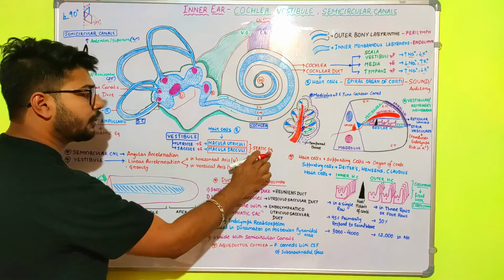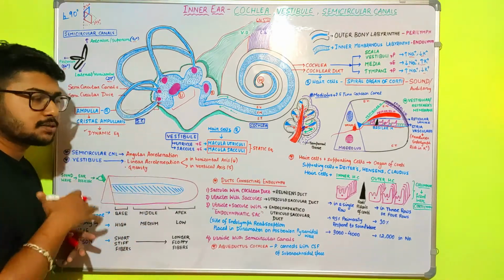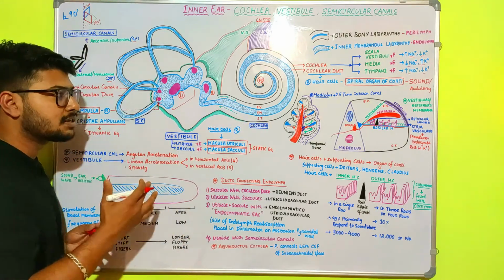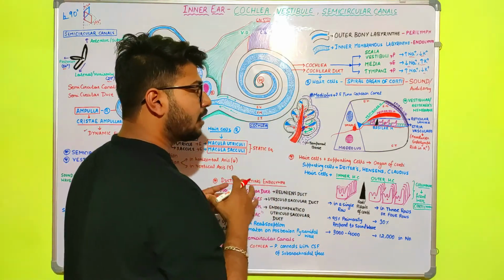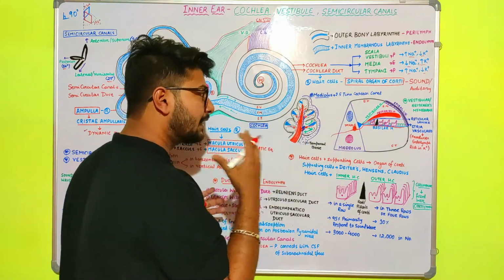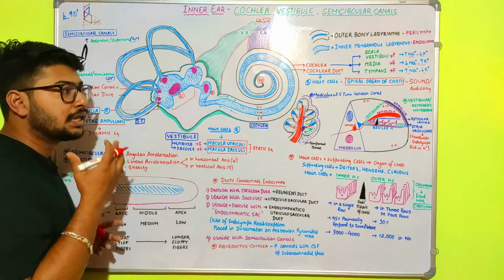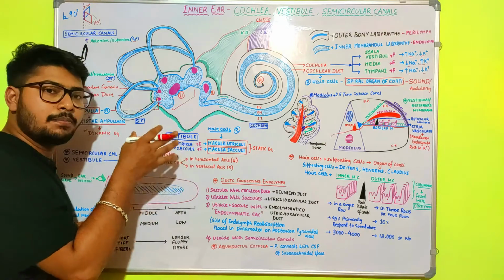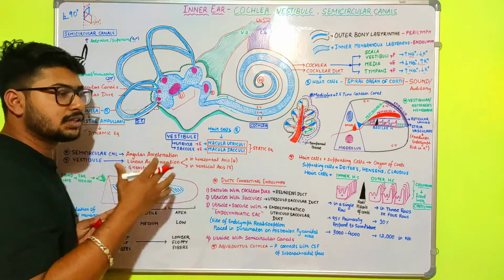So you can understand from this that these two structures are responsible for balance, and the cochlea is responsible for sound. Similarly, the cochlea has hair cells in a very protected manner, that is the organ of Corti, which is responsible for producing the nerve impulse that generates the action potential and is passed on to the cortex, and hence we perceive the sound.